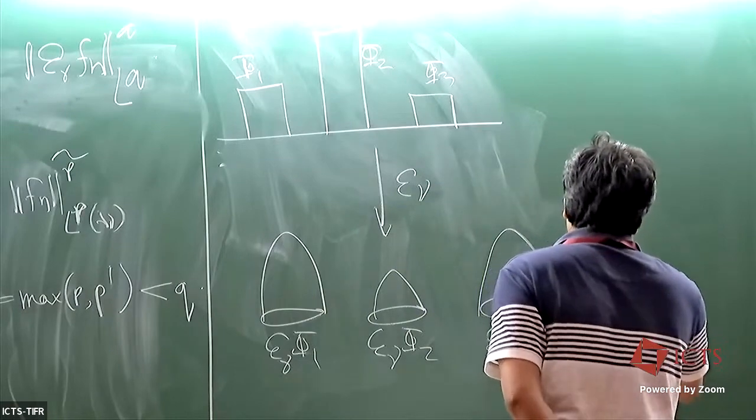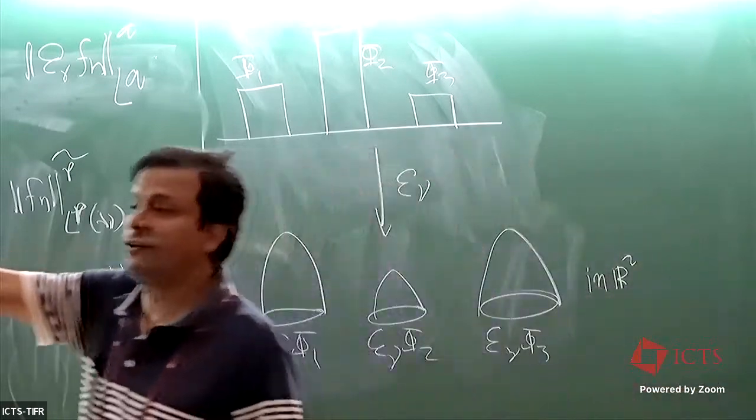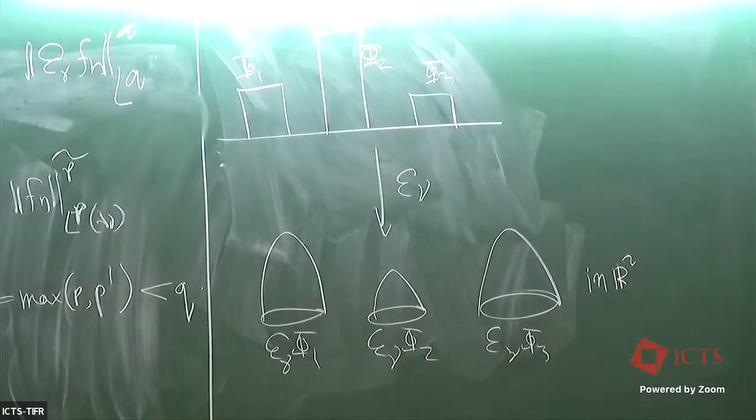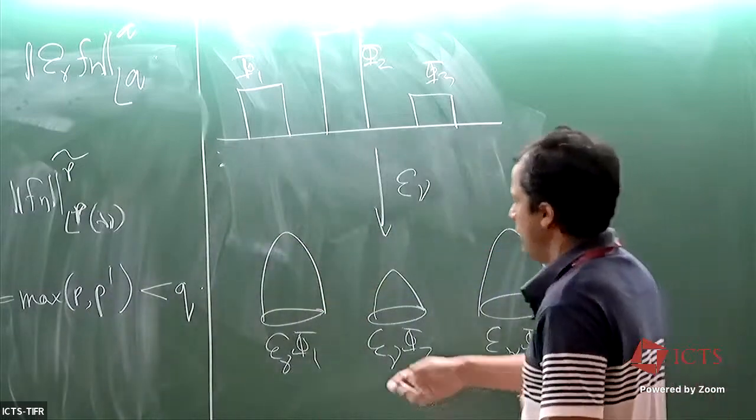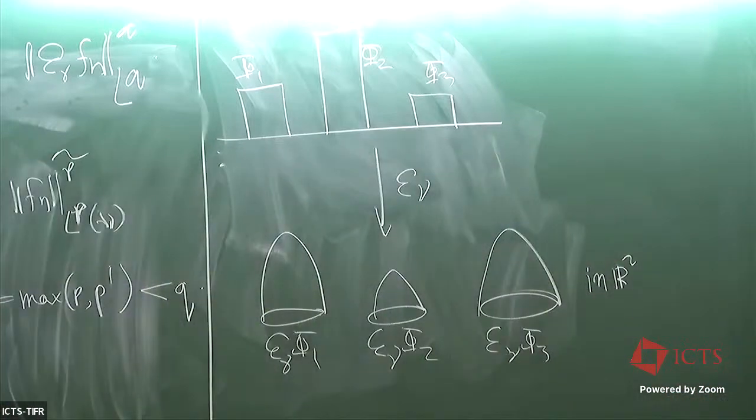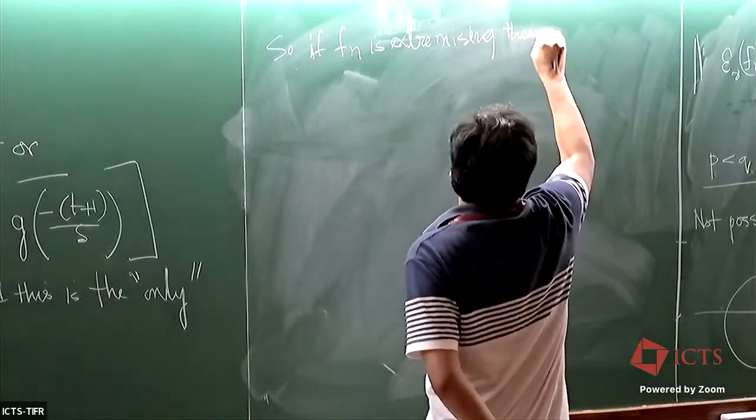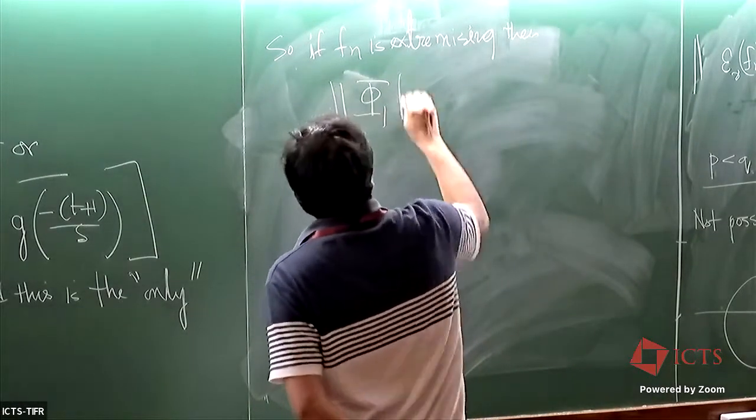This is in R2. Again, that's not possible because remember, by strict convexity, if we have any hope of having an extremizer, if this Fn was an extremizer, forget infinitely many, that means if Fn is an extremizer, then we have only one profile and everything else is just zero. Just for the same reason here, strict convexity. So if Fn is extremizing, then in fact, P1 carries all the mass.